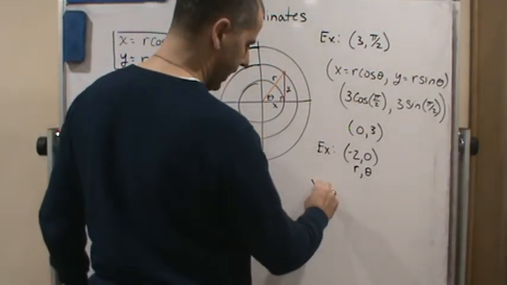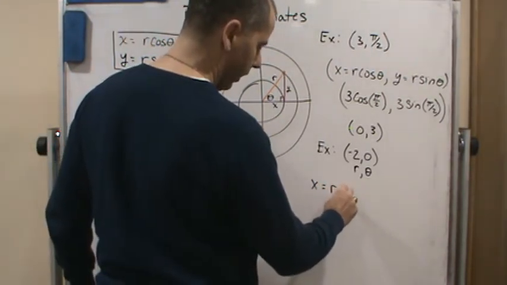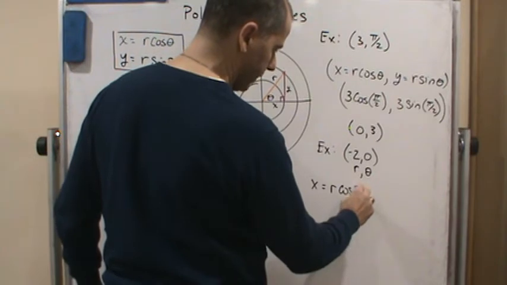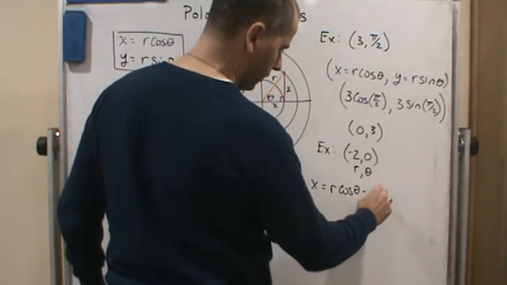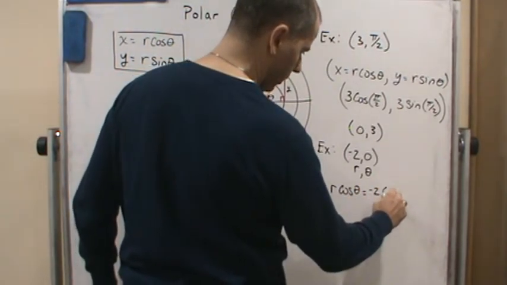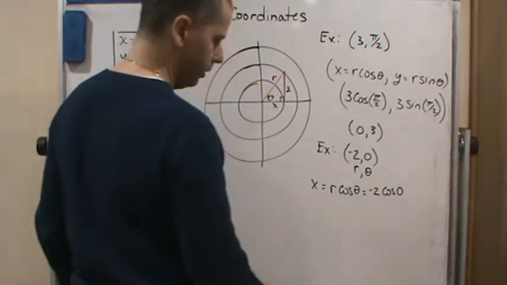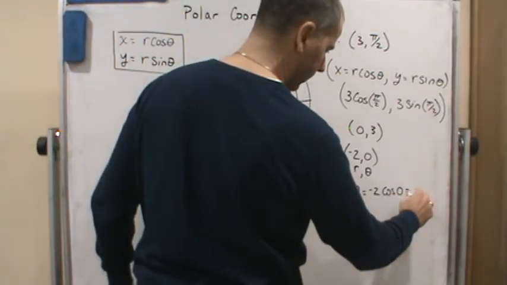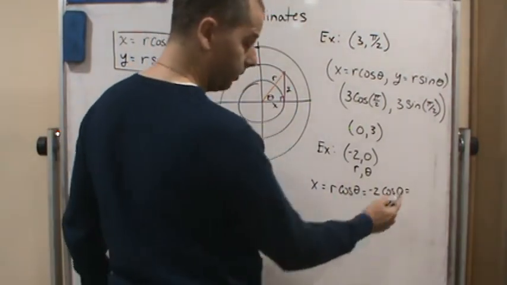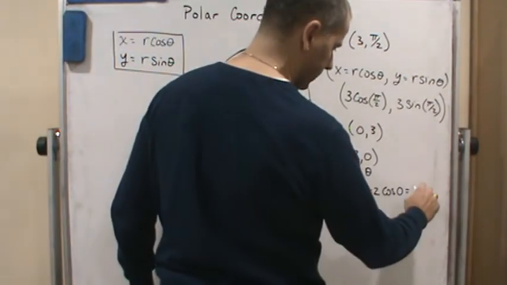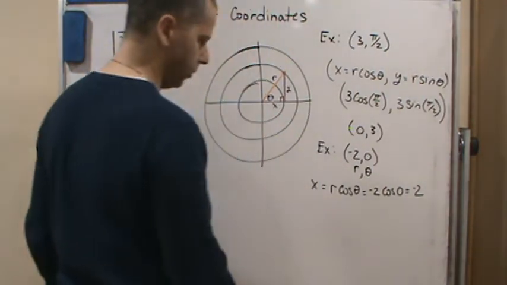So that means x is r cosine theta, which equals negative 2 cosine 0, which equals what? Well, cosine of 0 is 1. So that means this is going to be negative 2.